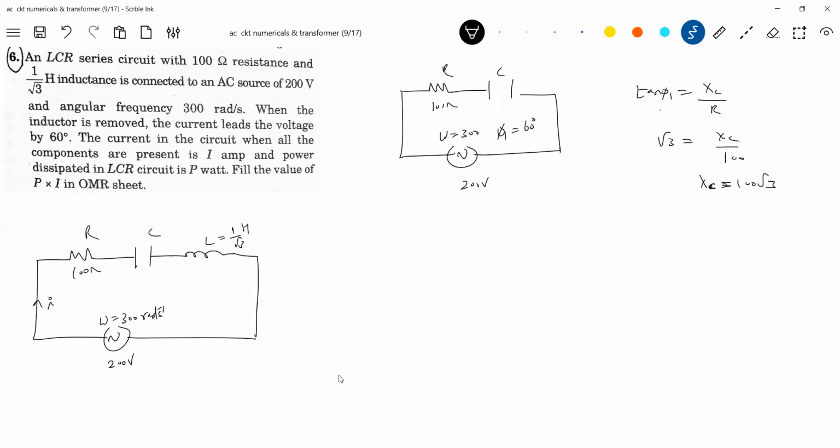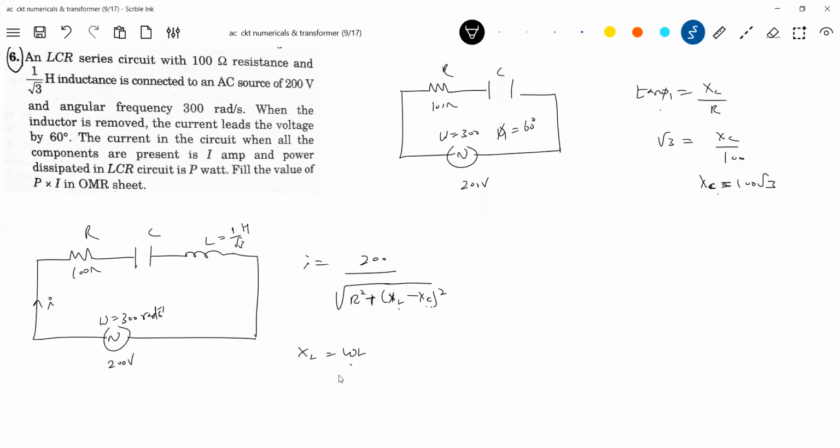I is equal to 200 volt divided by root of R squared plus (XL minus XC) whole squared. Do we know XC? From here you brought it, substitute here. Do we know XL? Omega L. Then you get the required current.